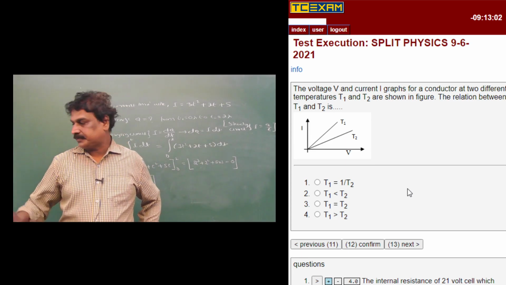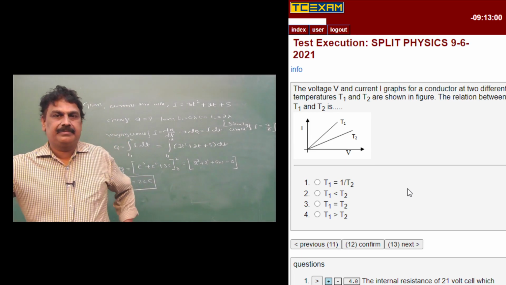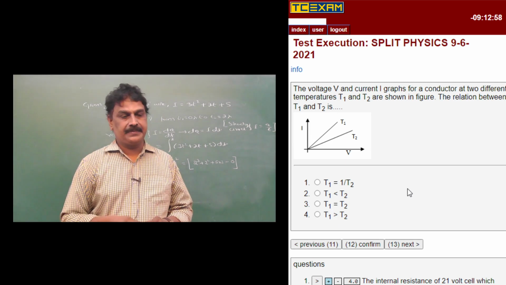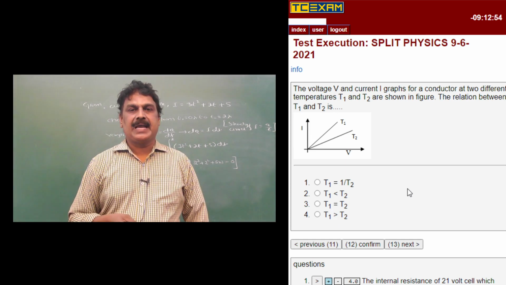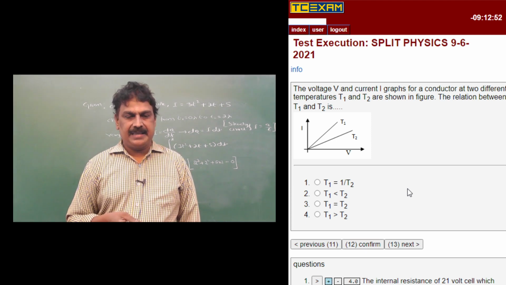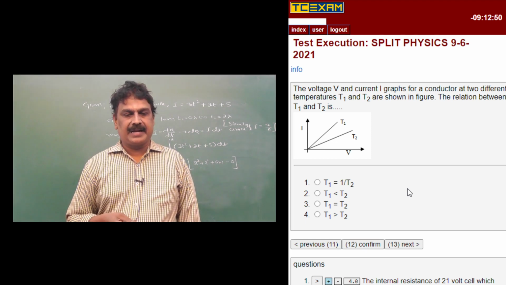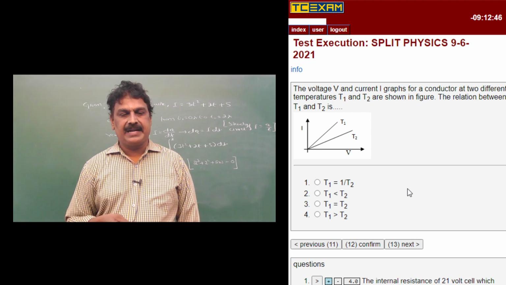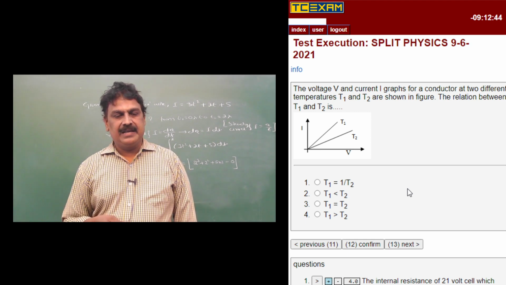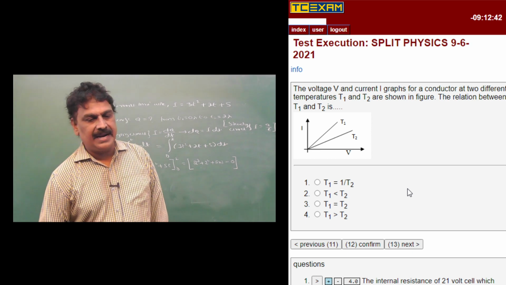Now we have the next question. The voltage V and current I graphs for a conductor at two temperatures T1 and T2 are as shown in the figure. The relation between T1 and T2.